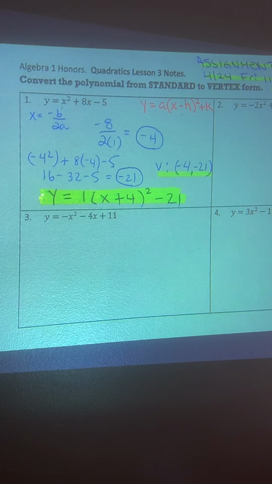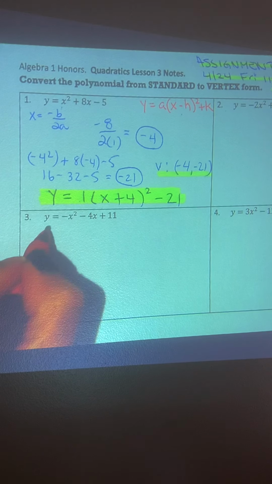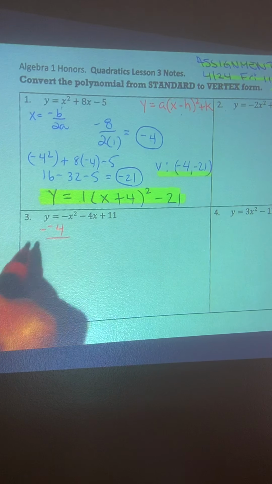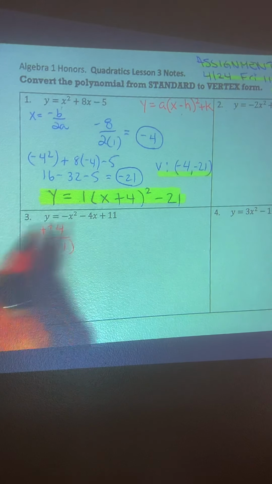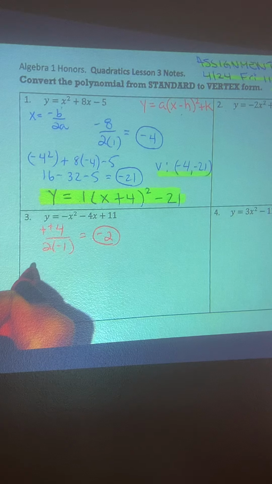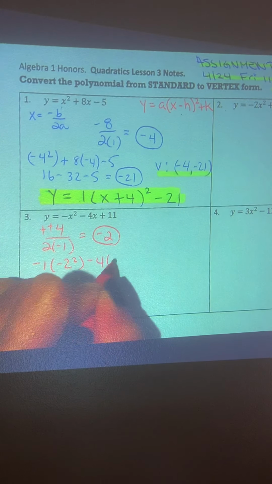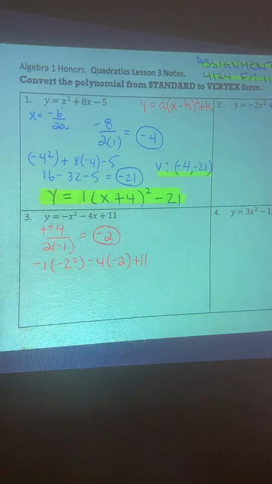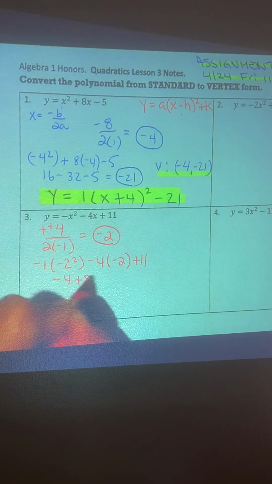I'm going to jump down to number 3 since we can see it on the screen. Negative b over 2a. Negative b would be negative negative 4, which means 4 over 2 times negative 1. So 4 over negative 2 is negative 2. Plug it back in: negative 1 times negative 2 squared minus 4 times negative 2 plus 11. So that's 4 times negative 1 is negative 4, plus 8 plus 11.